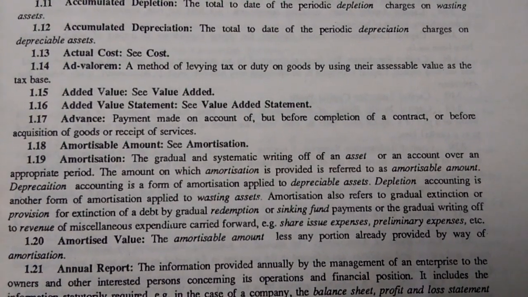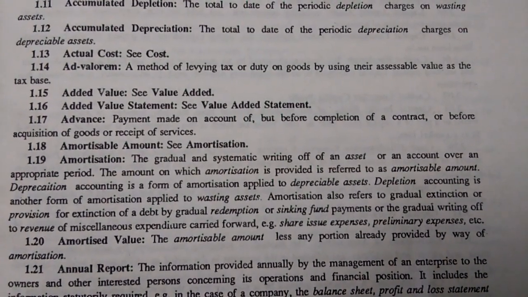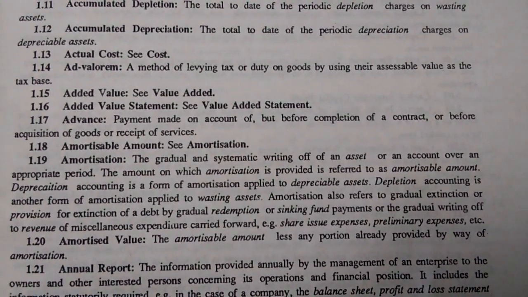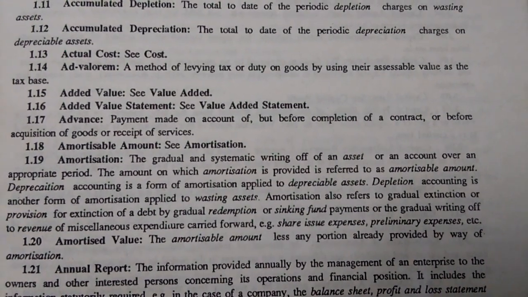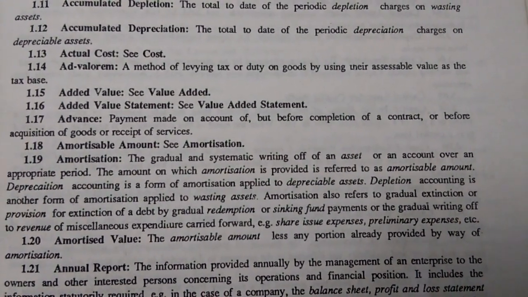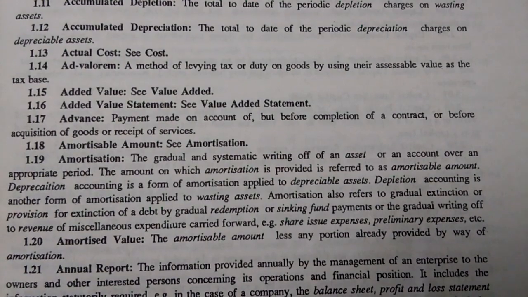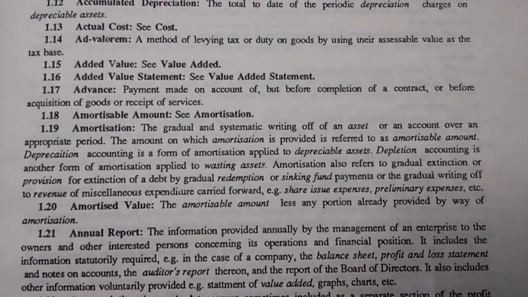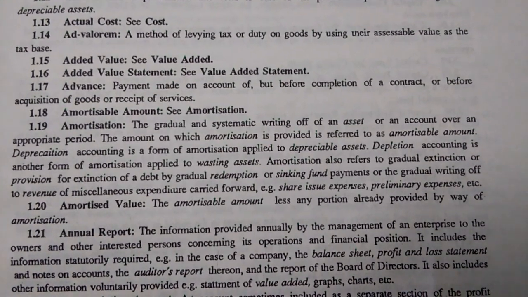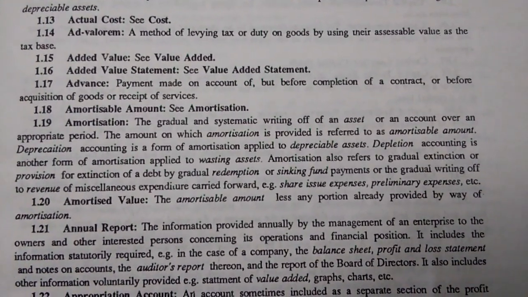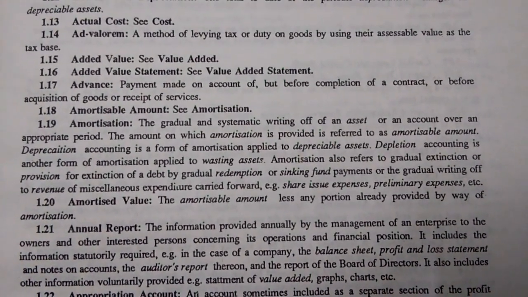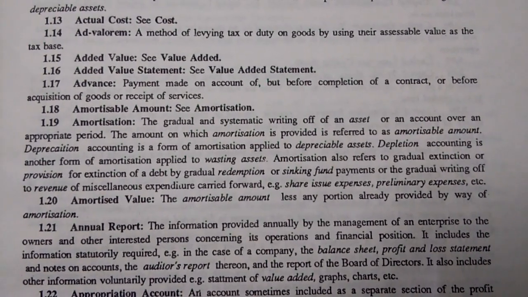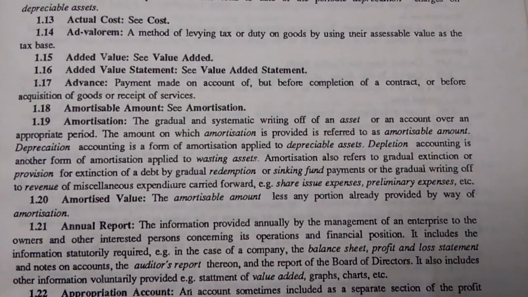The total to date of the periodic depreciation charges on depreciable assets. Next, accrual cost. That means cost arising in the production.